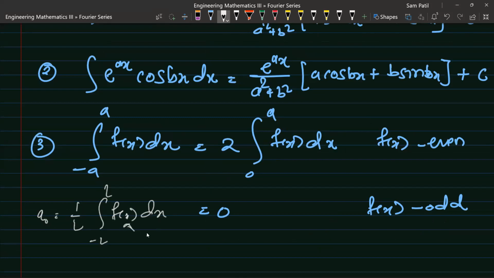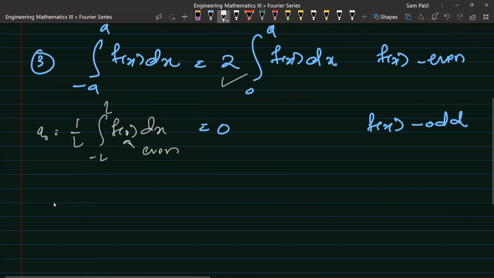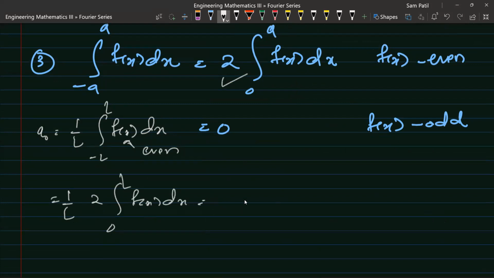But f of x is even, therefore with the help of this integral it becomes 1 upon L as it is, into 2 into integration from 0 to L of f of x dx. That's why this becomes 2 upon L integration from 0 to L of f of x into dx. Got it? Is there any doubt?